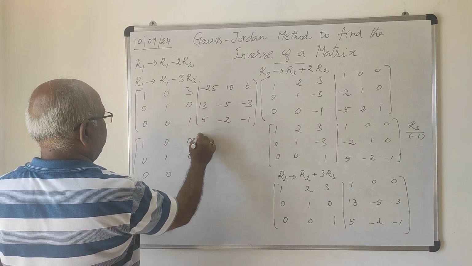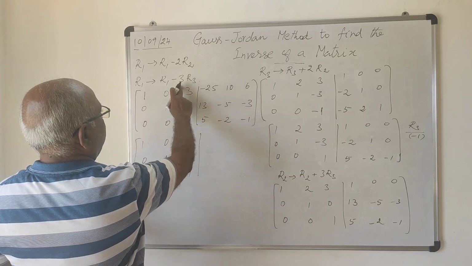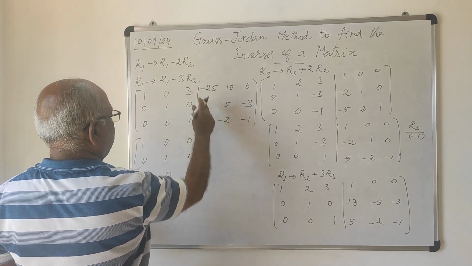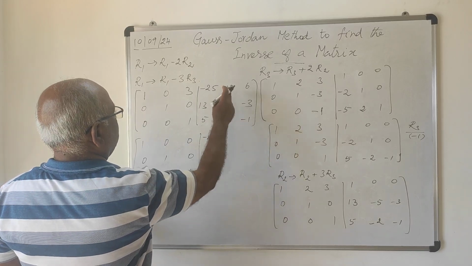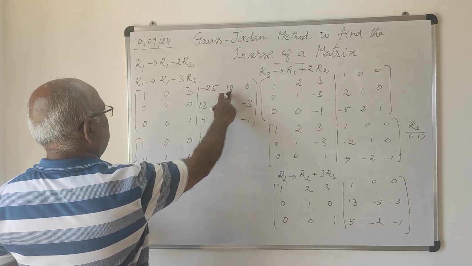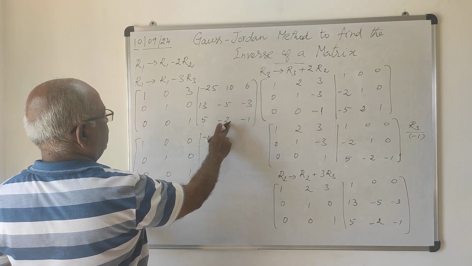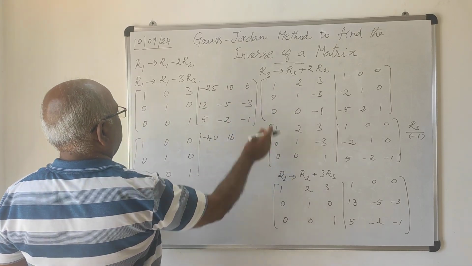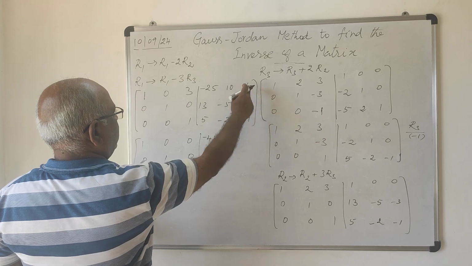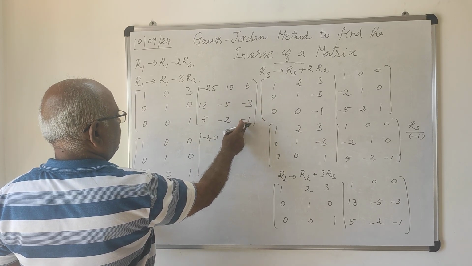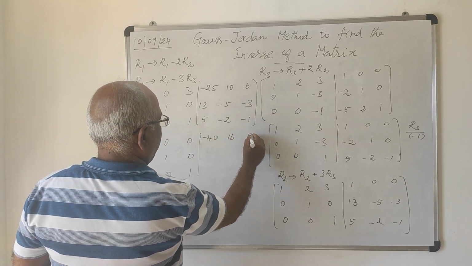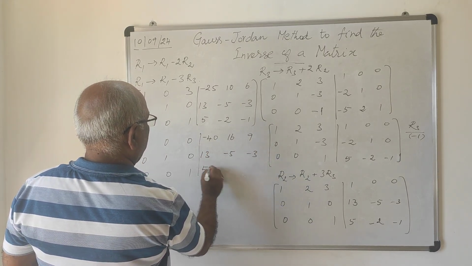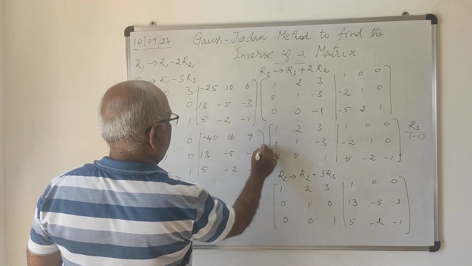It becomes identity. And R1 minus 3 R3: 3 into 5, minus 15, minus 25, minus 40. 10, 3 times R3 is 3 2s are minus, and minus plus 6, 10 plus 6 is 16. R1 is 6, 3 times R3 is minus 3 into minus, plus 3, 6 plus 3 is 9. And this is 13, minus 5, minus 3, 5, minus 2, minus 1.